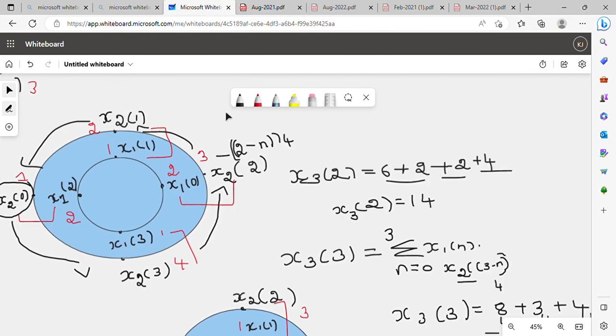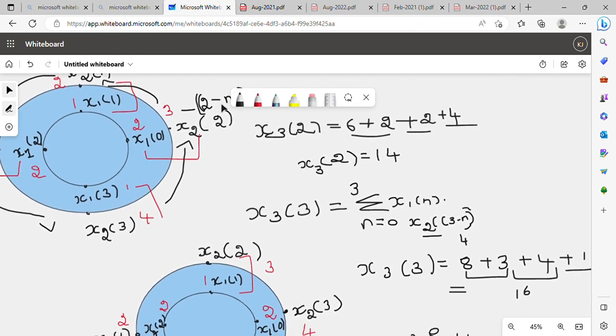And this particular thing is my equation number 5, right? So now, what I told, my equation number 2, 3, 4 and 5.